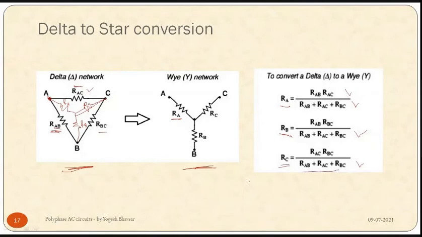So this is how you can keep it in mind. This formula is not very complex. You can simply remember that when we are converting delta into star, we need to find the values of RA, RB, RC in terms of RAB, RBC and RAC. Hope you have noted these formulas for delta to star conversion.